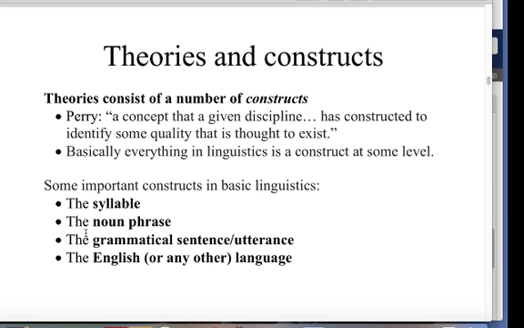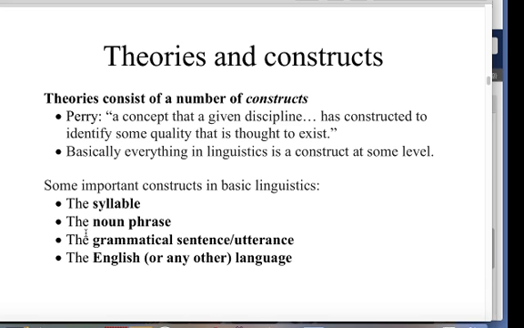A theory is an overarching framework for trying to connect things that happen out in the world. And when you get down to the real details of what a theory is, all theories involve some number of constructs. So Perry defines a construct as a concept that a given discipline has constructed to identify some quality that is thought to exist. So what does that mean?